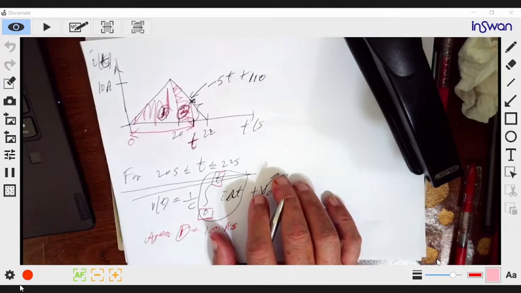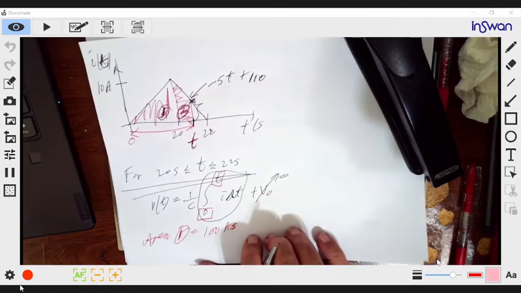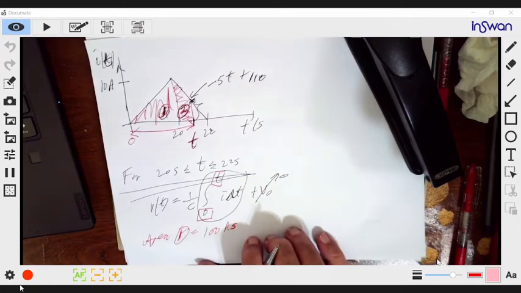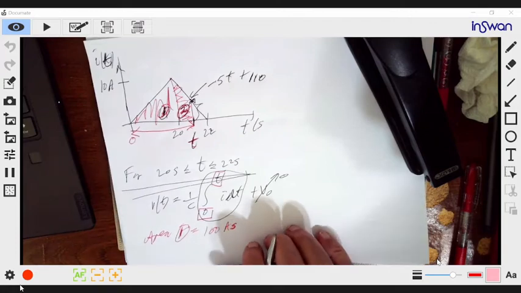Now comes the front part. Now I ask, what's the area of 2?